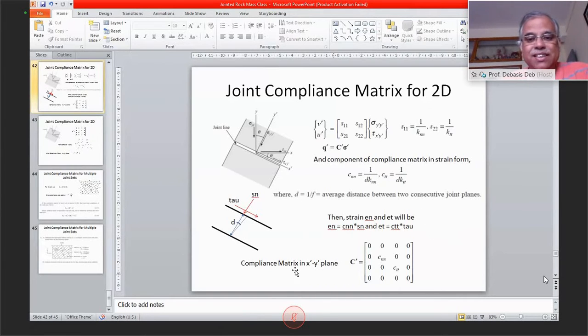Now this, I don't need it now, I have already explained it. So the compliance matrix in the x dash y dash plane, if I have to find it out, why I have given this 4, just to make parity.